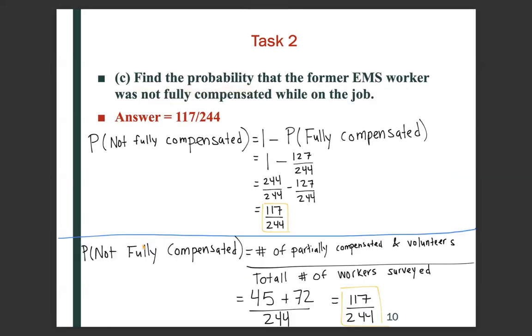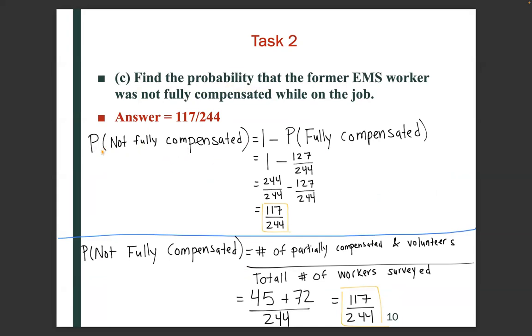Task 2C, find the probability that the former EMS worker was not fully compensated while on the job. So there are 2 ways to solve this. We can either use the complement, or we could solve it without using the complement. So let's first look at using the complement.